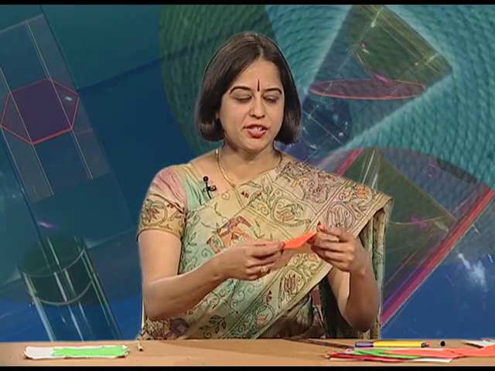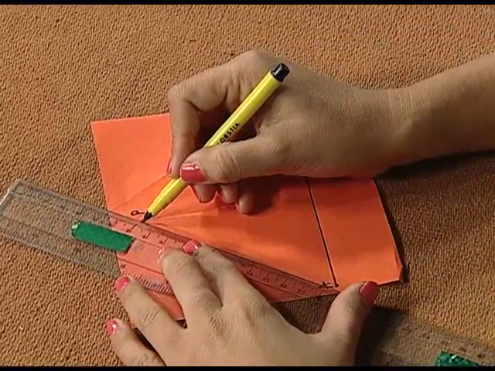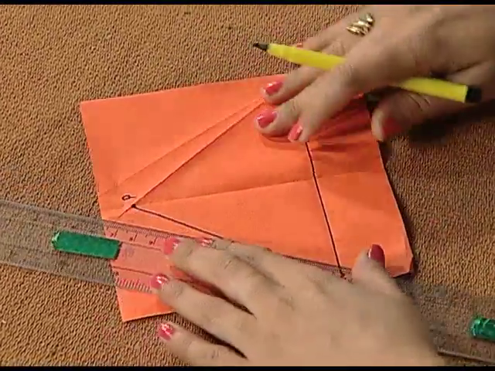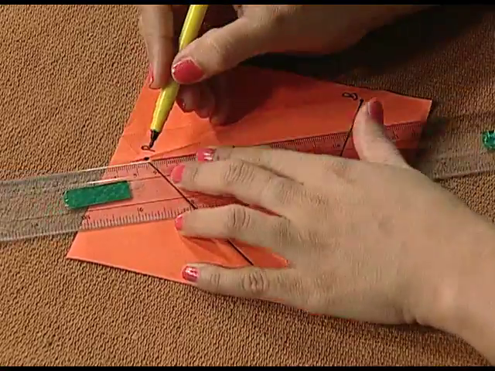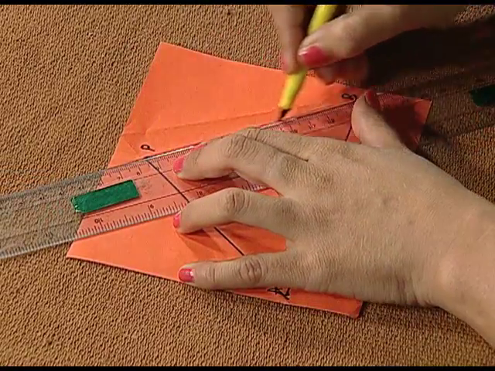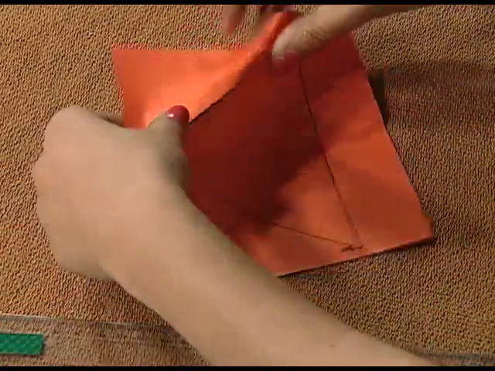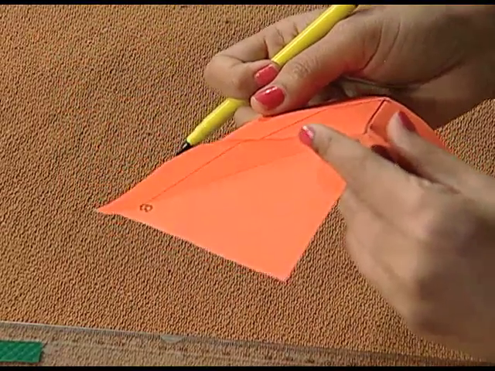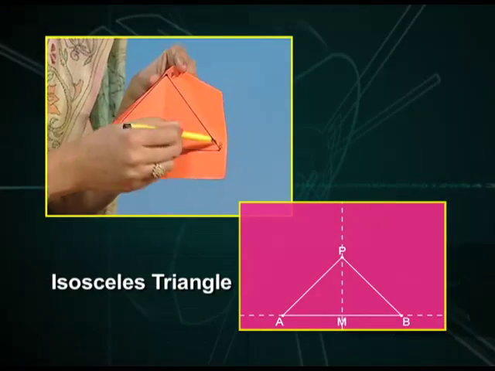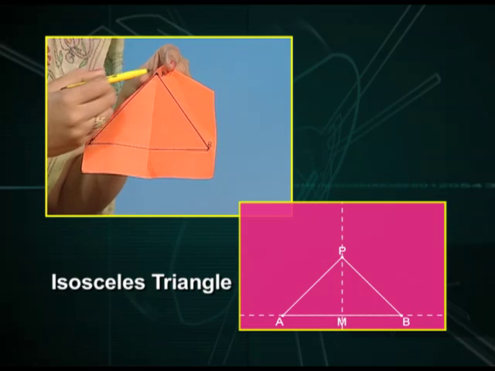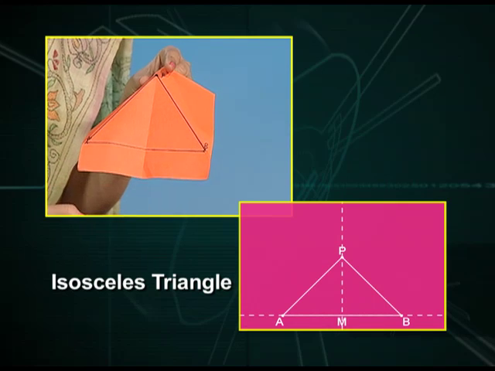Now we will draw this triangle PAB. So dear students, we have learned how to make an isosceles triangle using paper folding. We have isosceles triangle PAB in which PA is equal to PB.